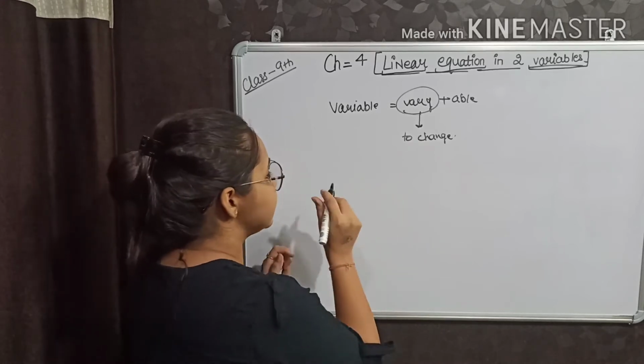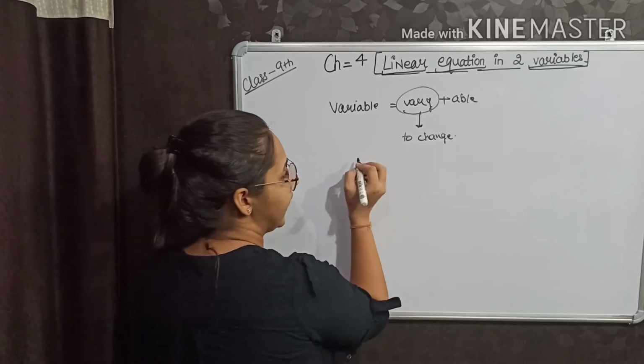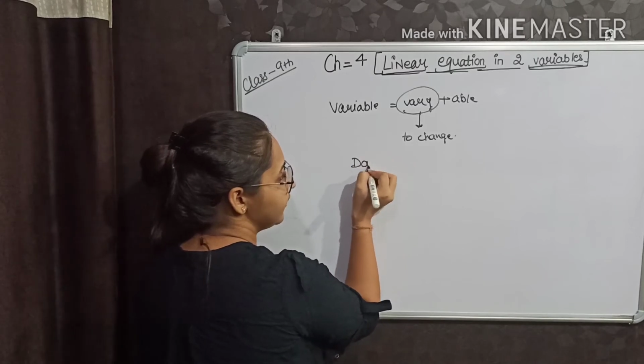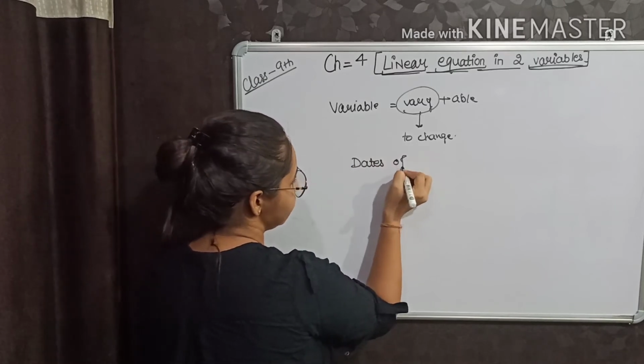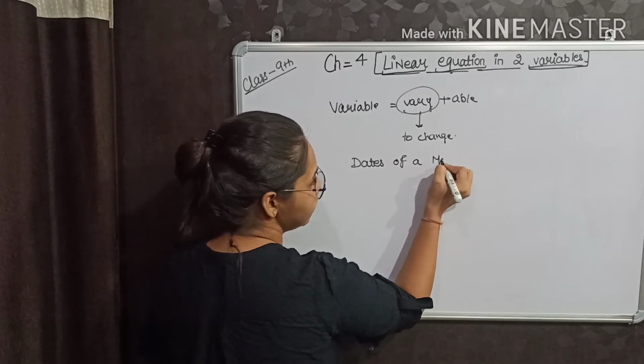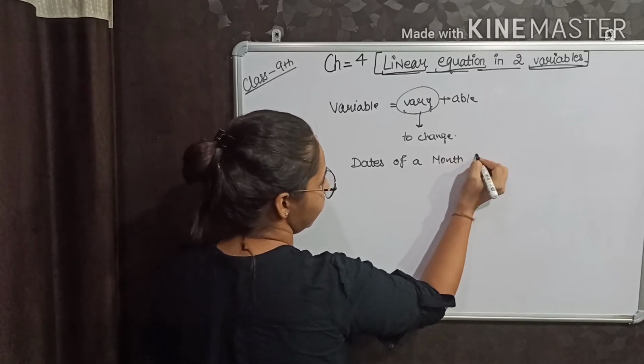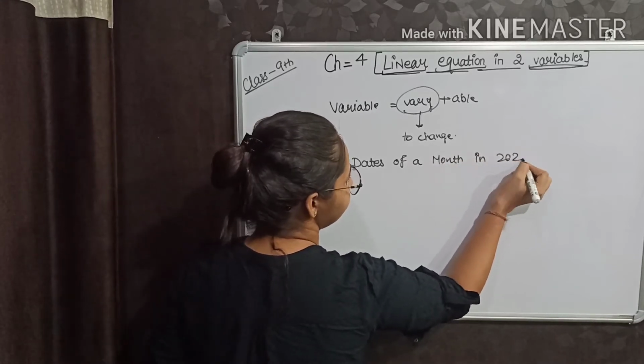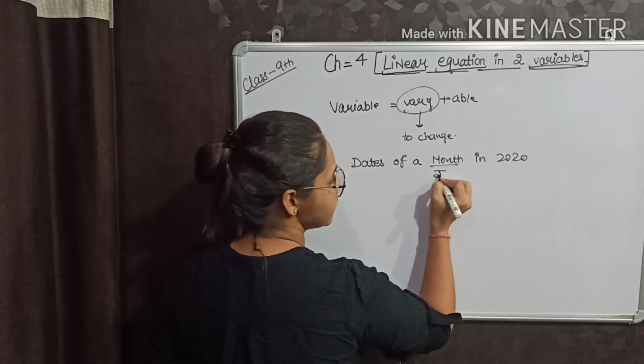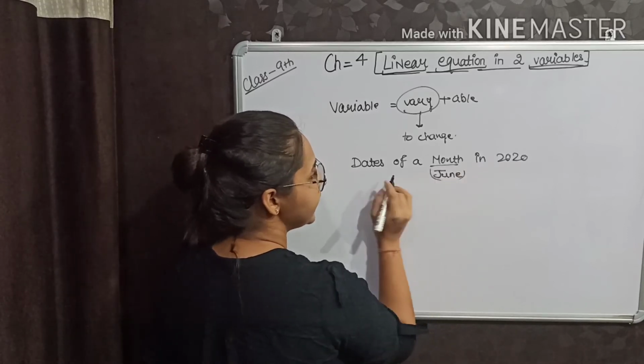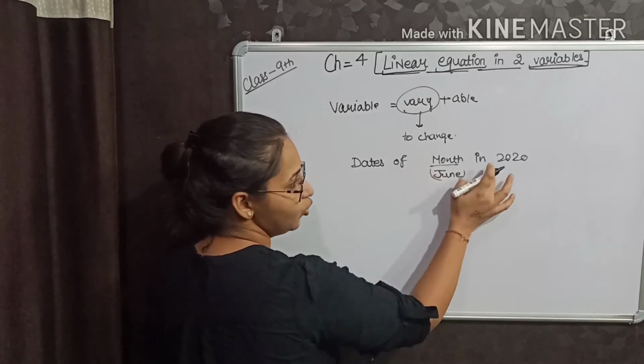So we can say that, like I am telling you that you have to write dates of a month in 2020, and let I am taking month is of June. Okay, dates of June in 2020.